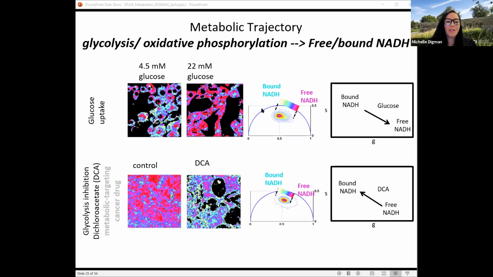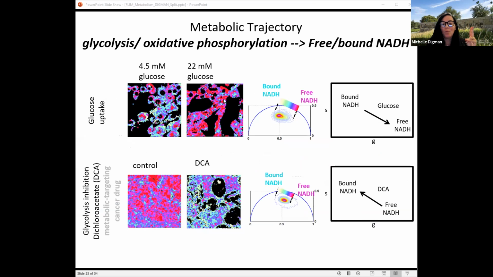So in this case, you can see very clearly, if you take cells and incubate them in 4.5 millimoles of glucose, very low glucose, versus very high glucose concentrations, you can switch their metabolism quite easily.